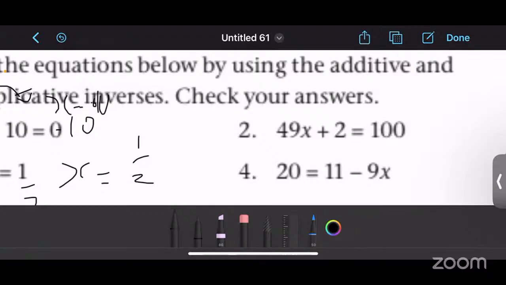So what you need to do now is take the 2 to the other side, which will change the sign. It's positive, so when it goes to the other side of the equal sign, if it's positive on the left, what is it going to be on the right?